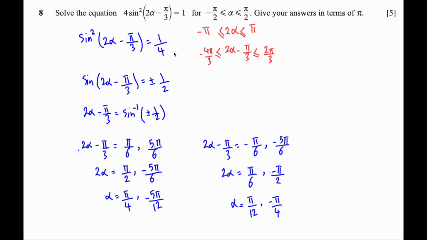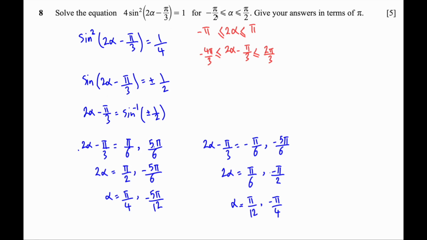Now, first thing first that I always prefer to do, instead of introducing a new dummy variable into my question and calling it, for example, a, because some people do that, I actually prefer to keep whatever is here as the argument of my trigonometric function, and go ahead and change my domain according to that.